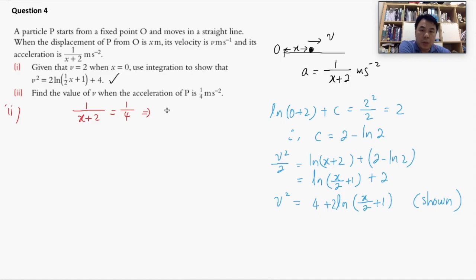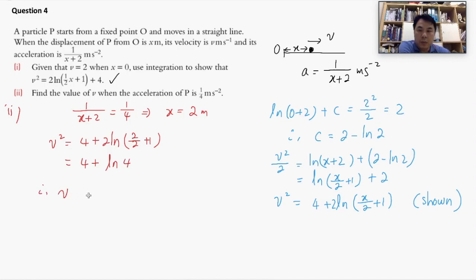Now this implies that x must be equal to 2 meters. Because x is equal to 2 meters, we can find v from here. So x is 2 meters. That will give us 4 plus 2 ln 2, which is 4 plus ln 4.